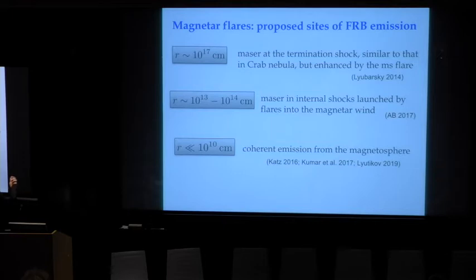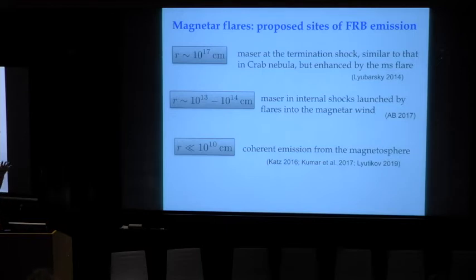One is what was proposed by Yuri Lyubarsky, who also proposed in the same paper that it can be maser emission from a shock, before it was known to operate in the Crab Nebula at the termination shock, the maser mechanism. But here the idea was that if you have a giant flare, it will boost the termination shock power tremendously, and it will boost it for a short time, just a millisecond time.